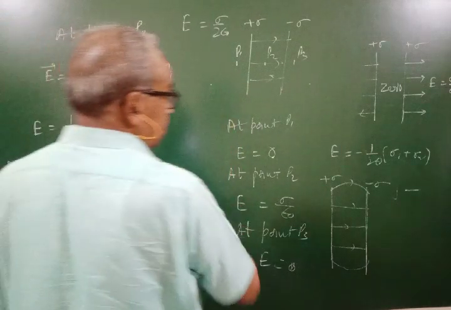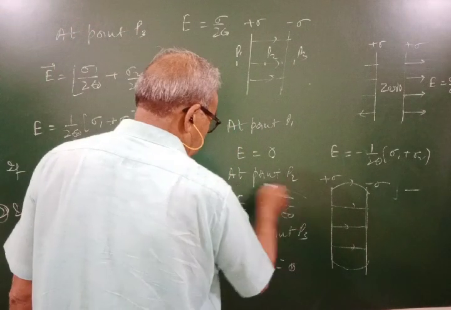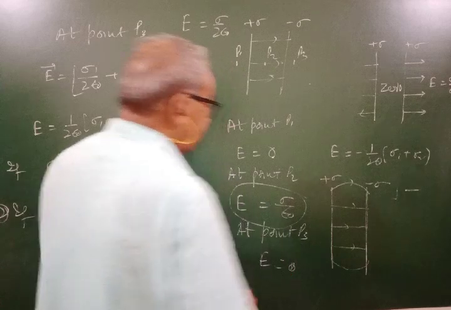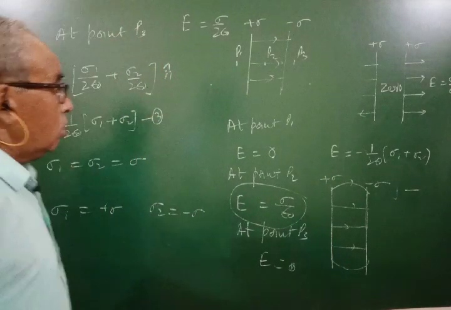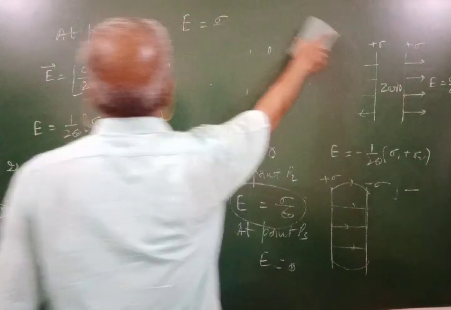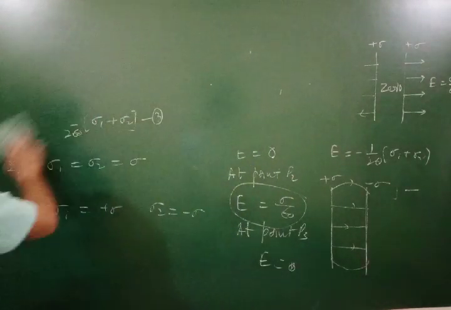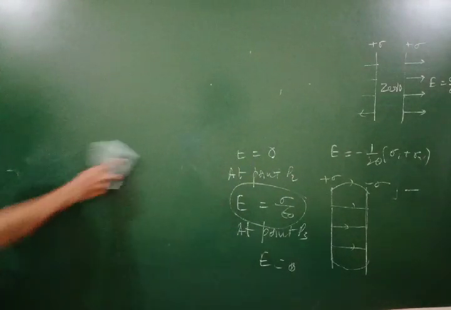Remember this formula: E equal to sigma upon epsilon 0, where sigma is equal to charge upon area. So this was the application of electric field due to a plane charge sheet, and then two plane charge sheets.